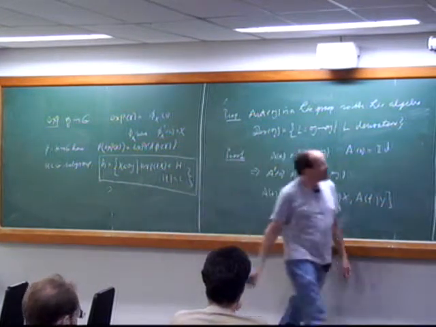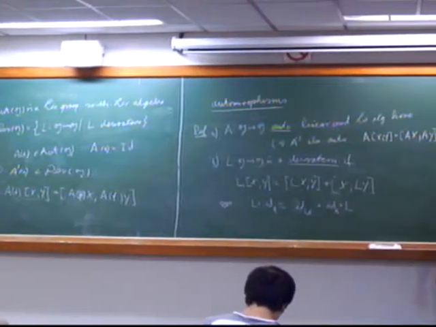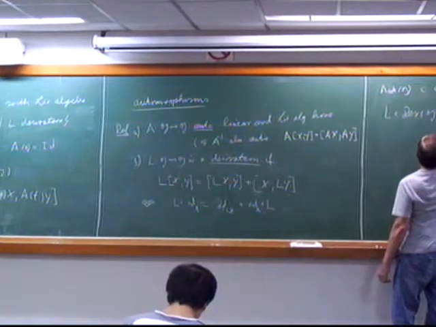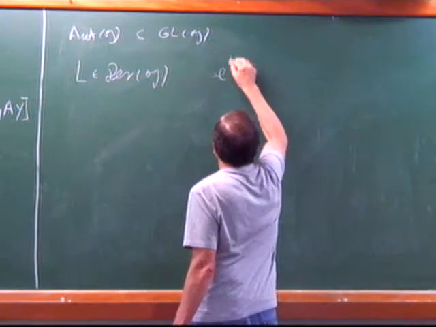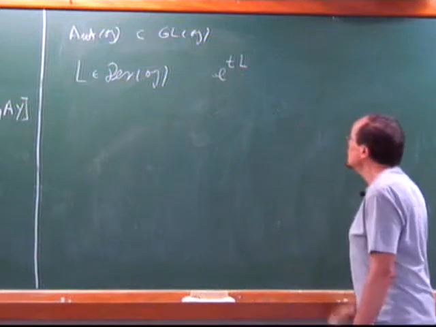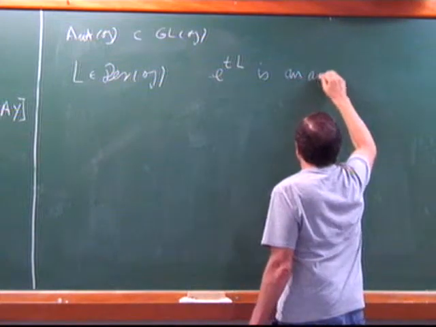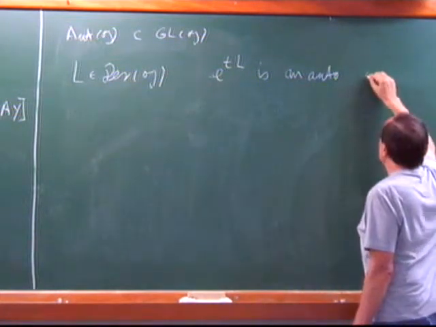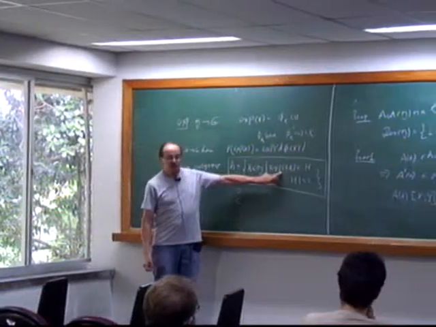We're in a subgroup of the general linear group, where the exponential is the usual matrix exponential. So I want to show that e to the tL is an automorphism for all t. That would prove this direction: I take a derivation L, then e to the tL is an automorphism.